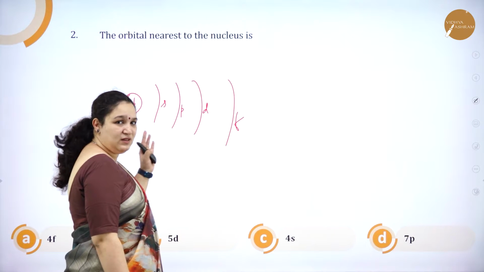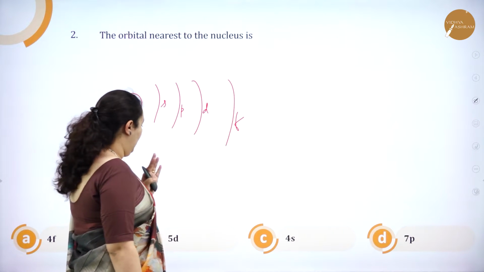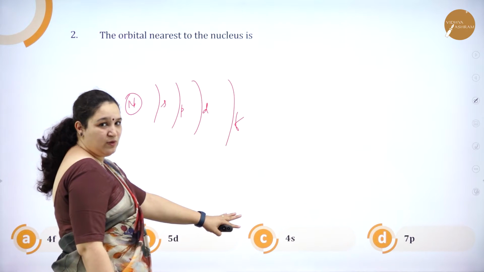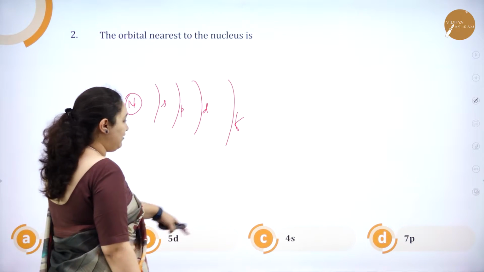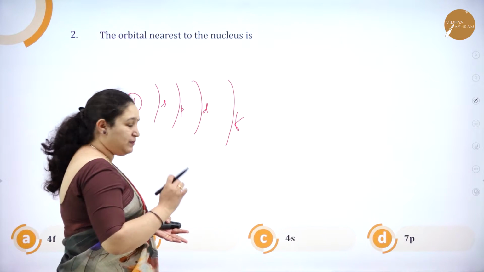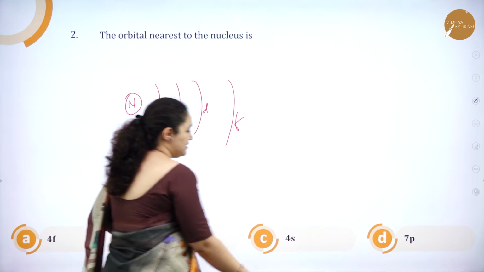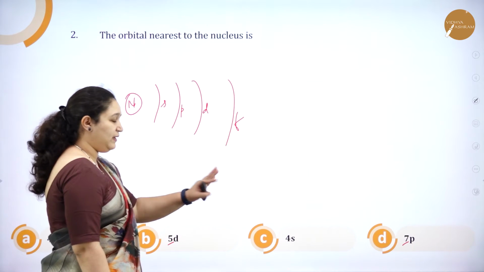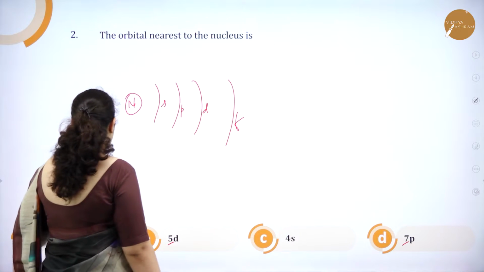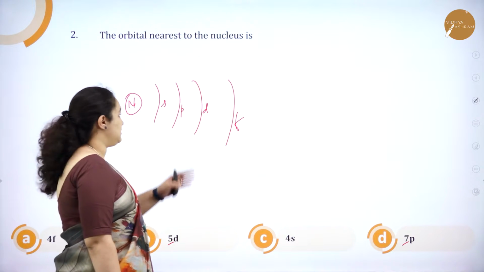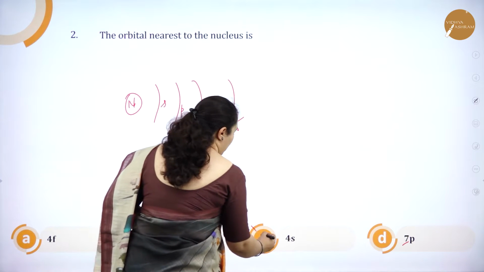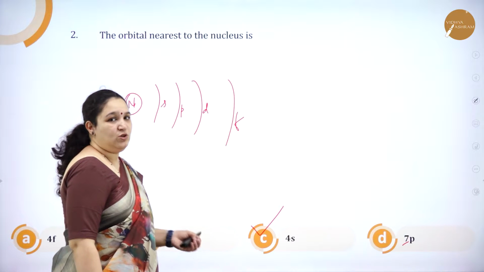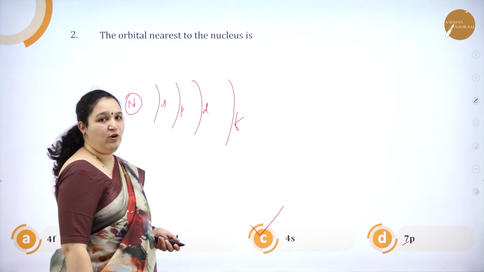So even if you take it this way, you are going to get the answer: 4F and 4S have N value 4, that is the lowest value. 5D and 7P have principal quantum numbers 5 and 7, which are higher compared to 4. So those are ruled out. Those cannot be close to the nucleus. It should be 4S or 4F. S orbital is closer. So the answer is 4S. Even if you take the N plus L rule and solve, you will get the same answer as 4S.